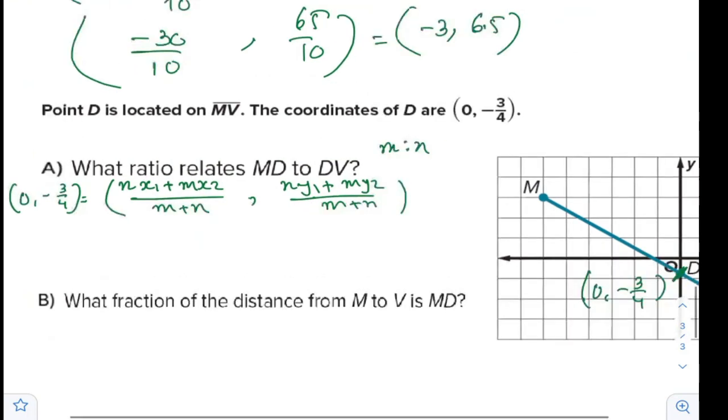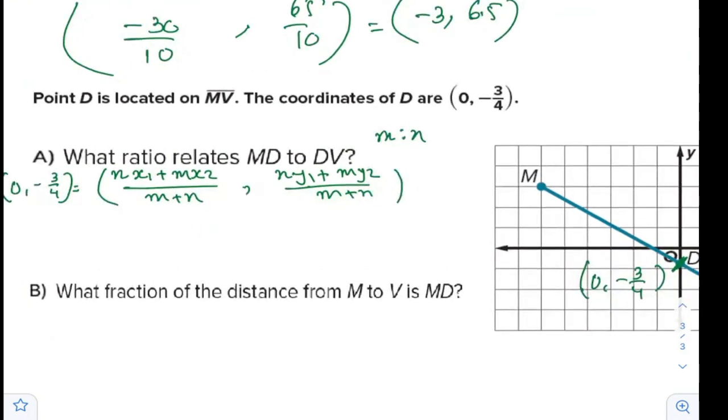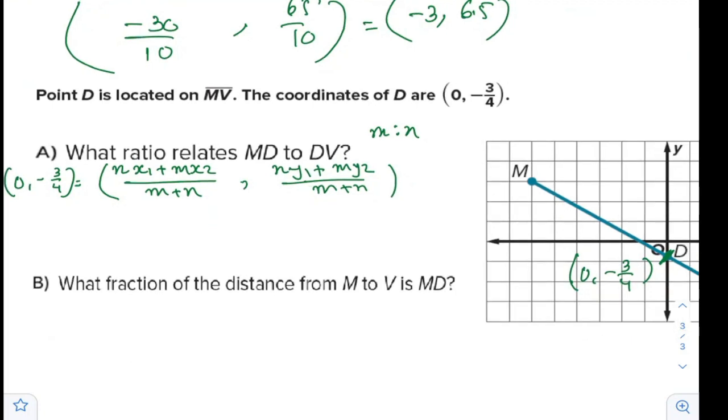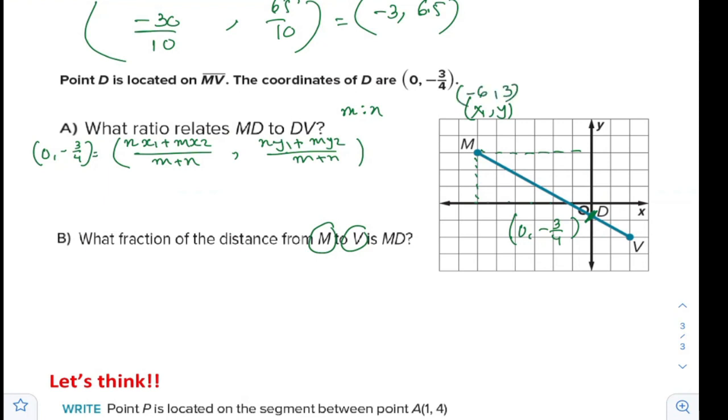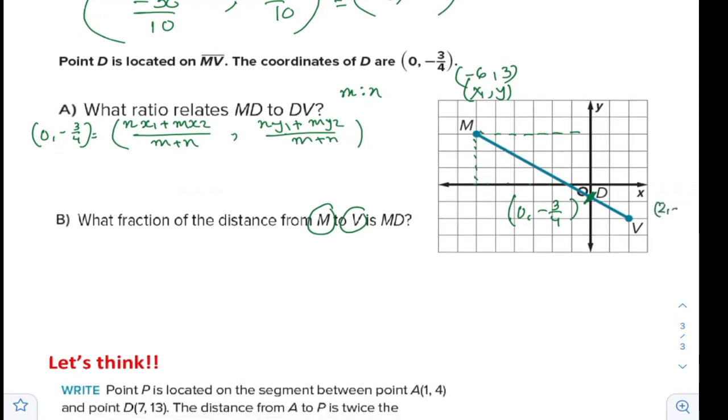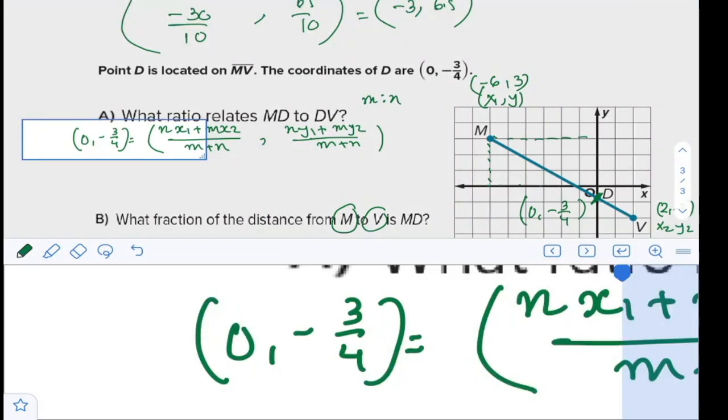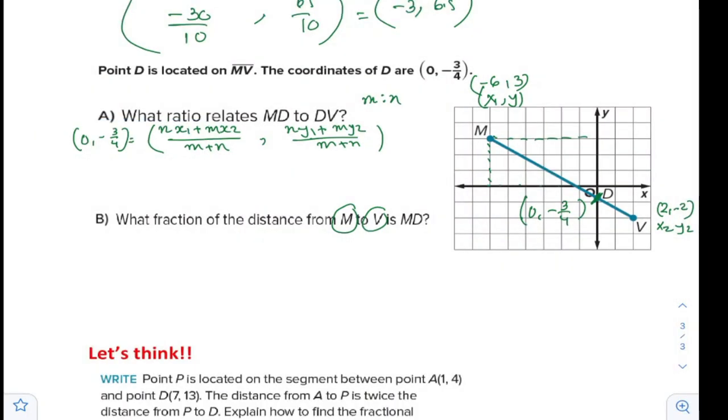Let's replace now. We don't have n or m, and we have x1 and x2. He is talking about the distance from m to v. So this is my x1, y1. In our case, x1 is 1, 2, 3, 4, 5, 6, so it is -6, with 3. y1 is 2 and -2, y2, I mean x2, y2. Now let's apply.